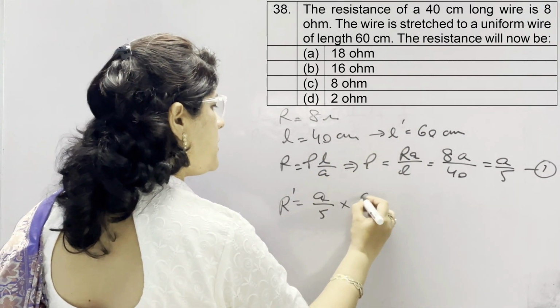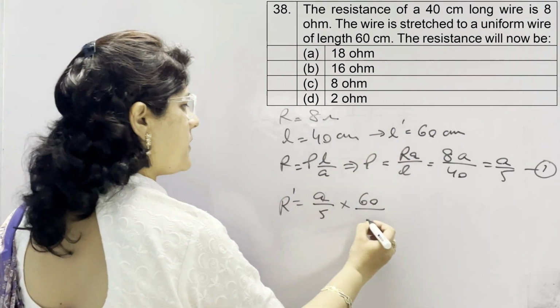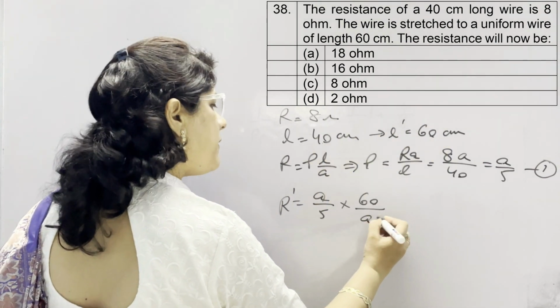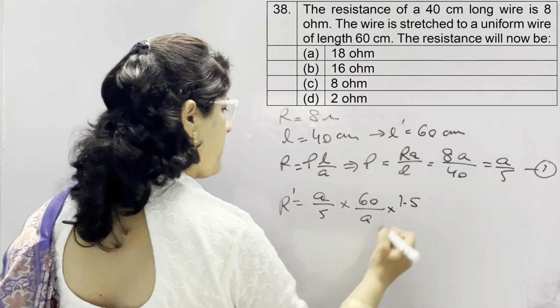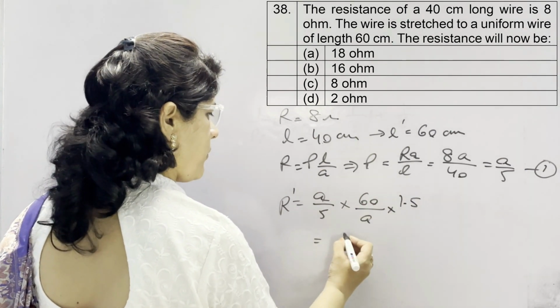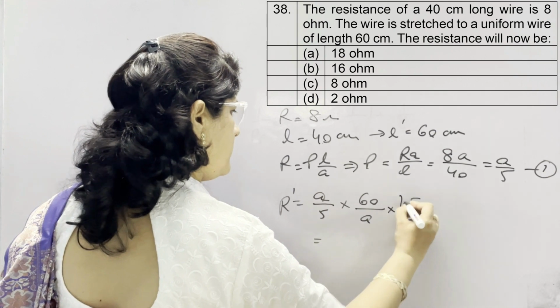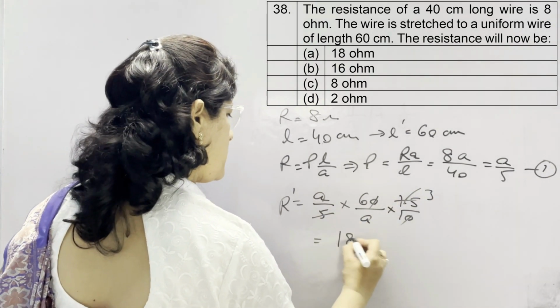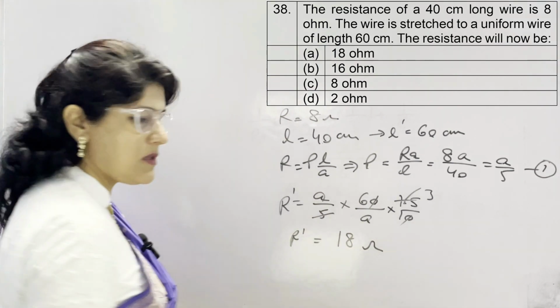Now new length is 60 and new area is, because length is stretched to 1.5 times, area divided by 1.5, it means multiplied by 1.5, 60 into 1.5 and then 5. 5, 3, 15, 6, 3, 18. So 18 ohm. So new resistance is 18 ohm.